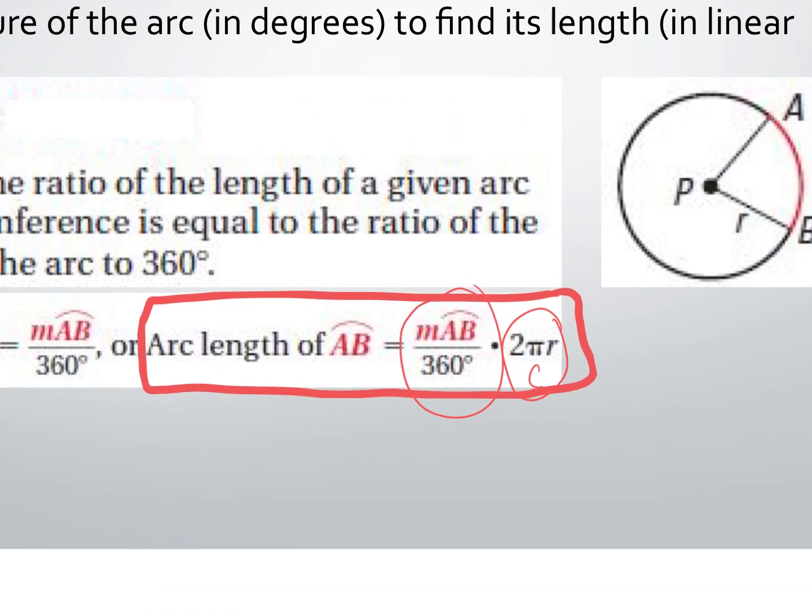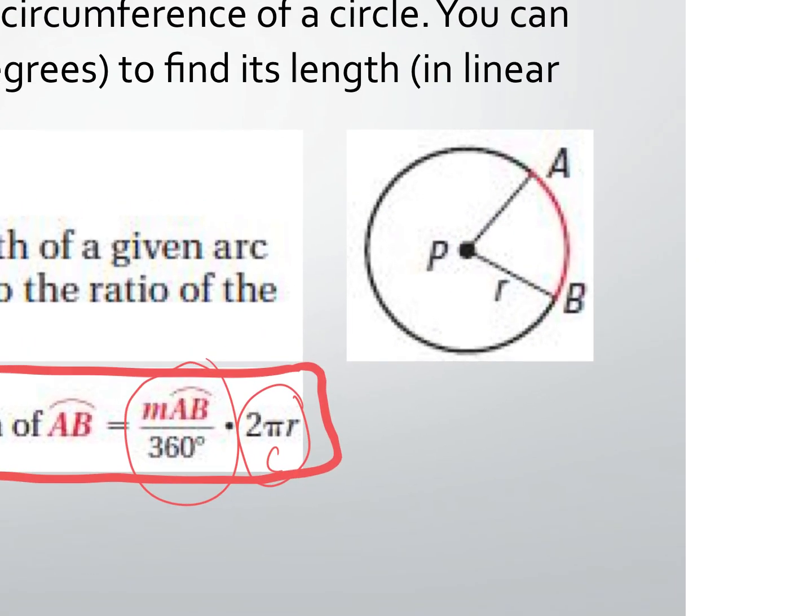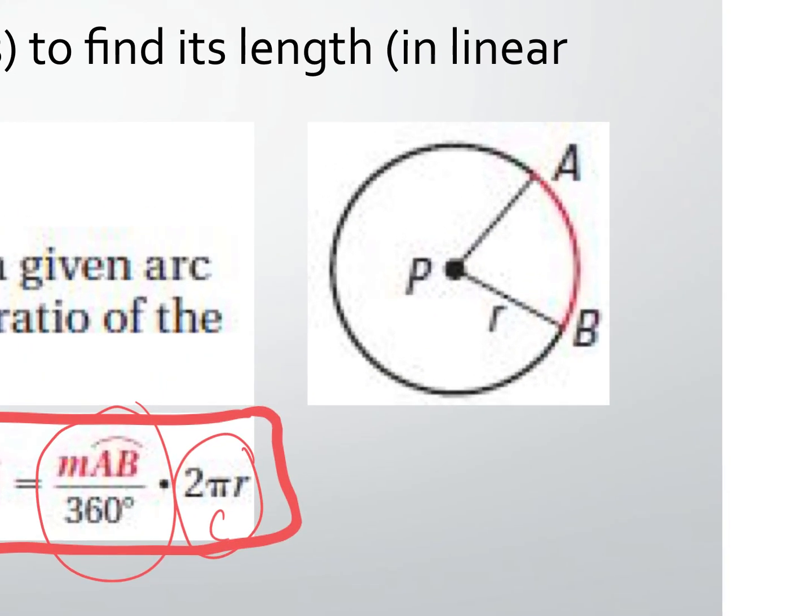So let's say AB, we knew it was 60 degrees, right? That means that arc is 60 degrees out of how many degrees in the circle? 360. So to find the portion that arc is of the entire circle, we would do 360 in the denominator and 60 in the numerator.